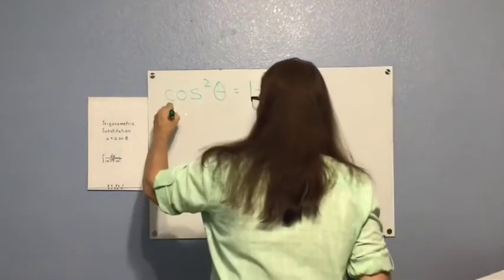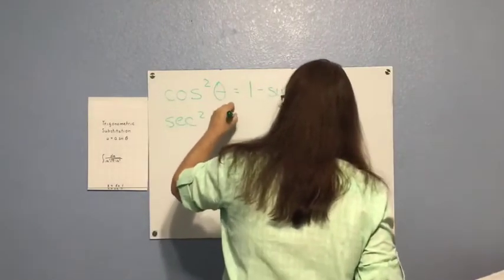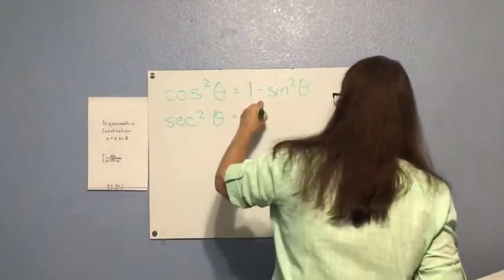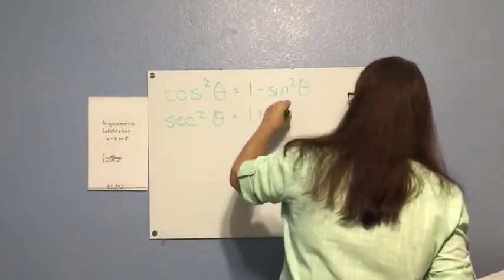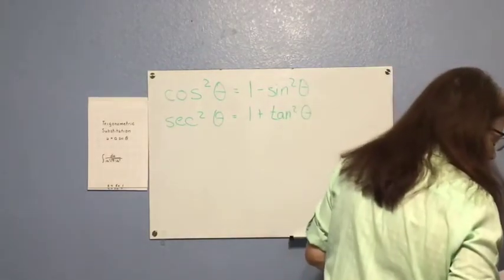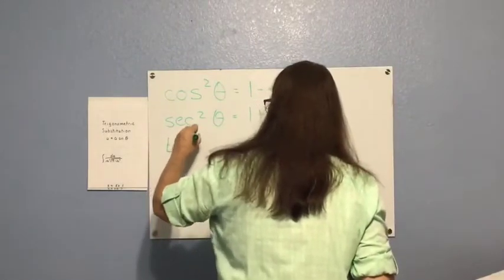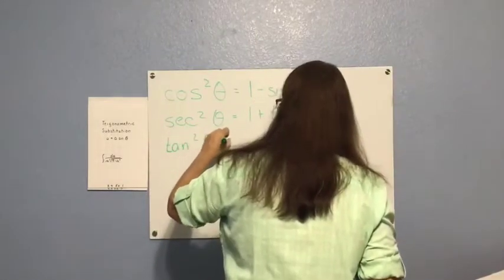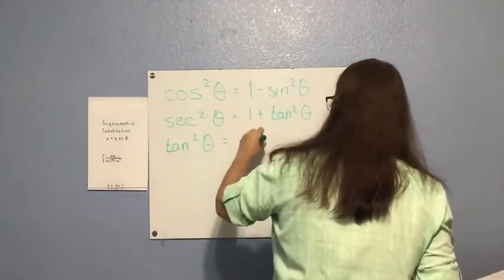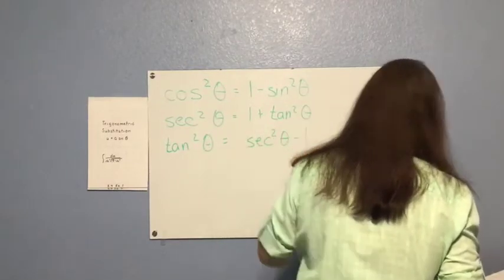Then we've got secant squared theta is equal to 1 plus tangent squared theta. And tangent squared theta is equal to secant squared theta minus 1.